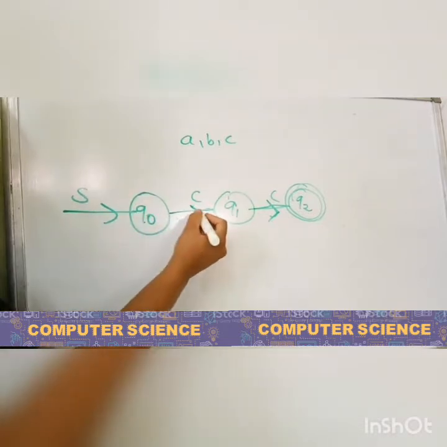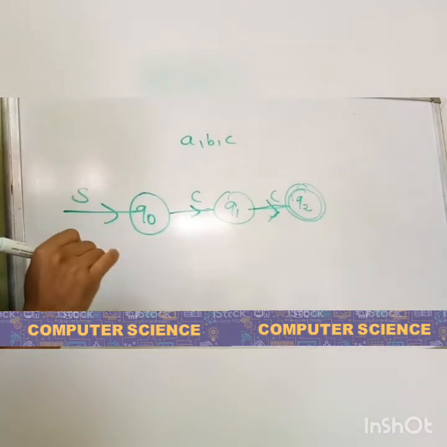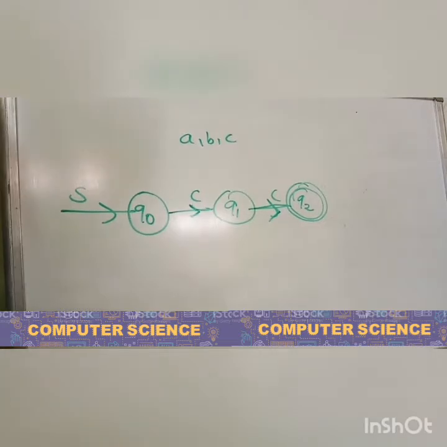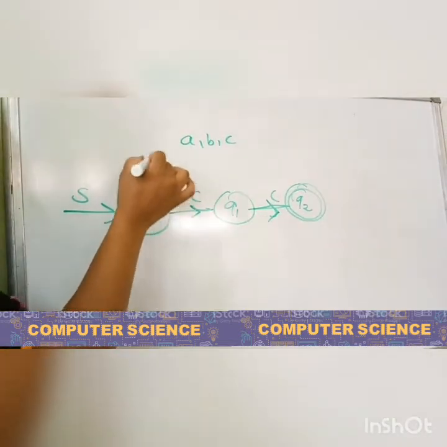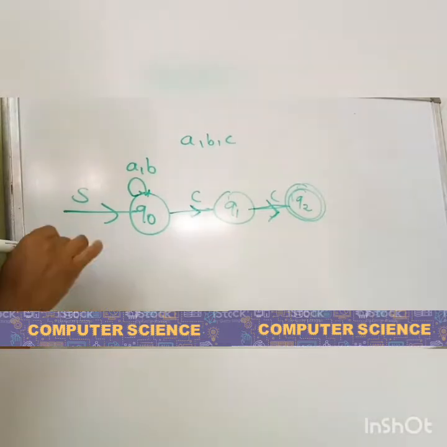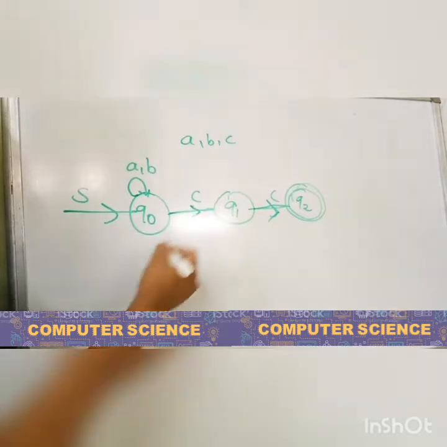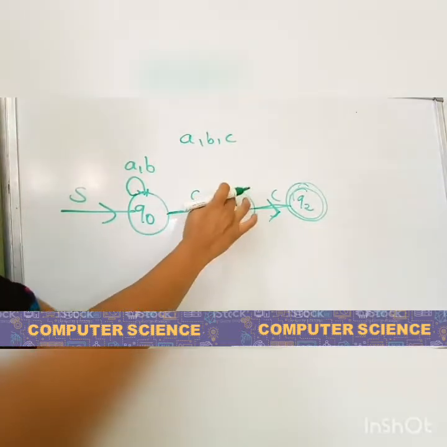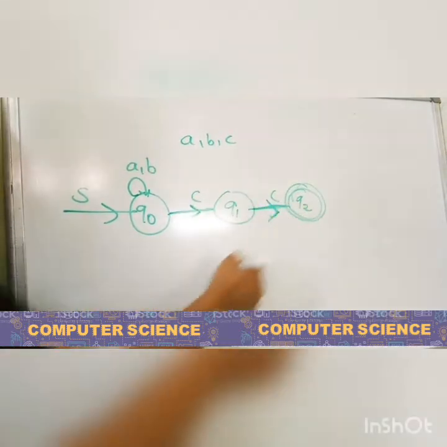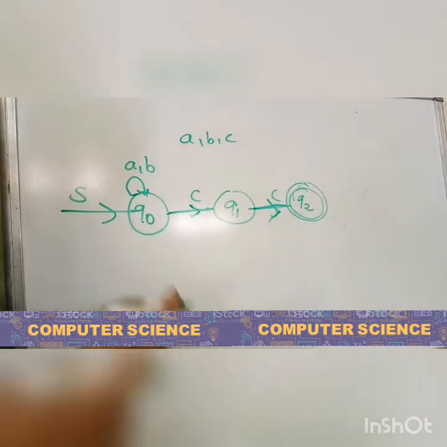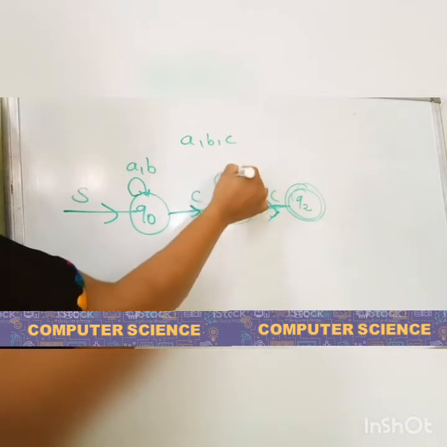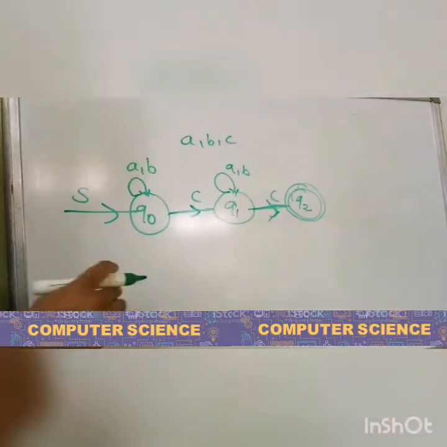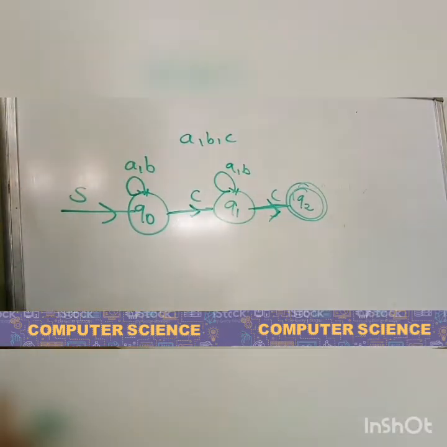As we know, there is no starting case, ending case or middle case for such a situation, so we will keep the A and B transitions on the state itself. Then for C we will take one more transition. In this case for C we have moved forward, but for Q1 again A and B come, then we will keep them here.